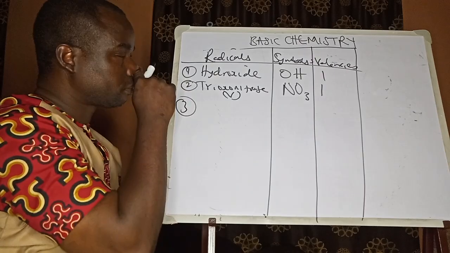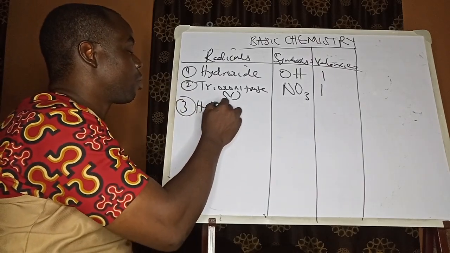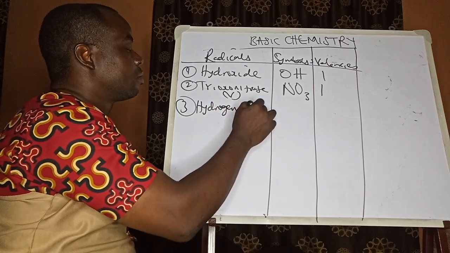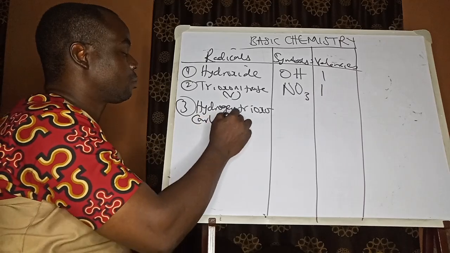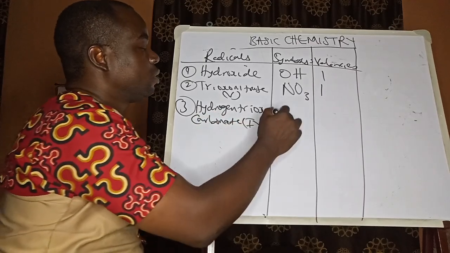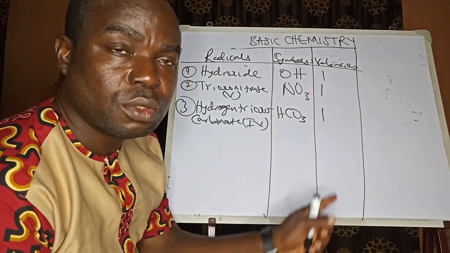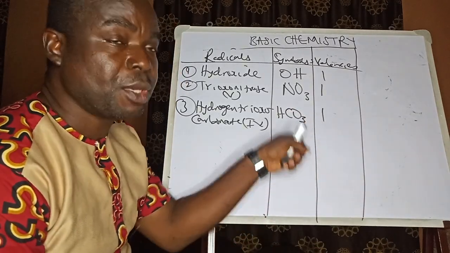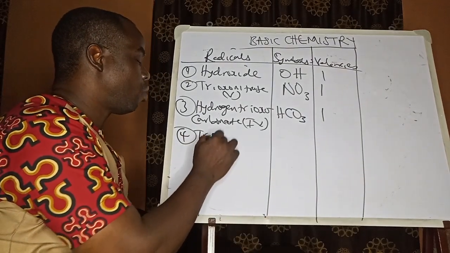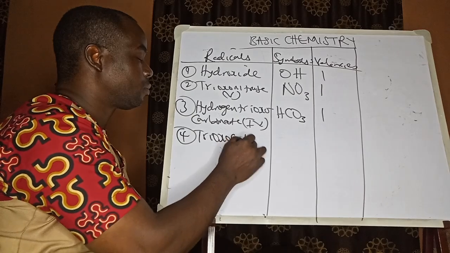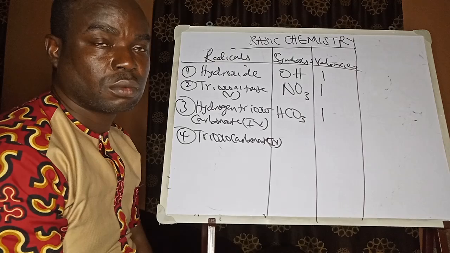Number 3, hydrogen trioxocarbonate(IV). The symbol is HCO3. The valence is 1. Just keep copying it down. Number 4, trioxocarbonate(IV).